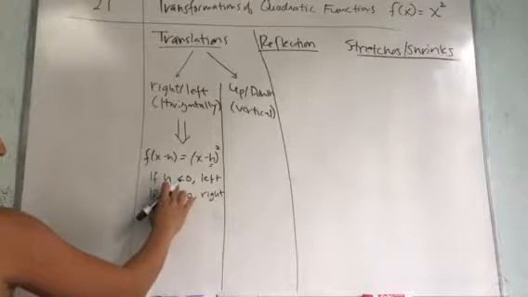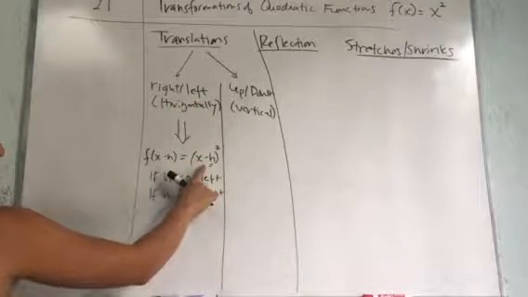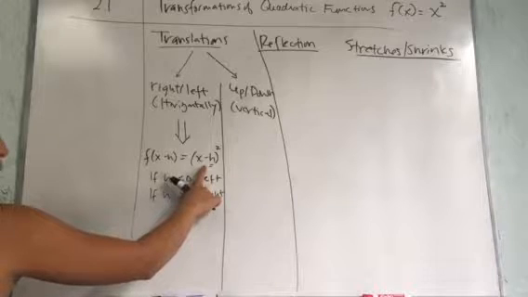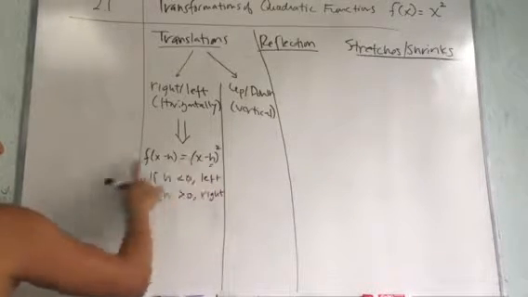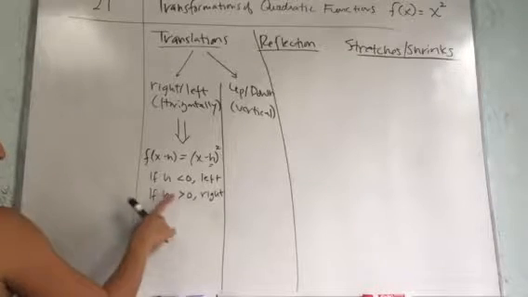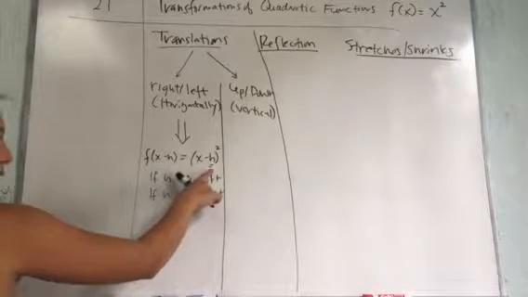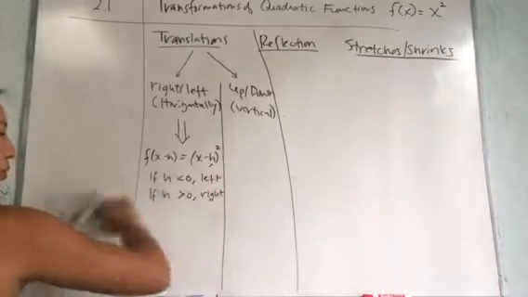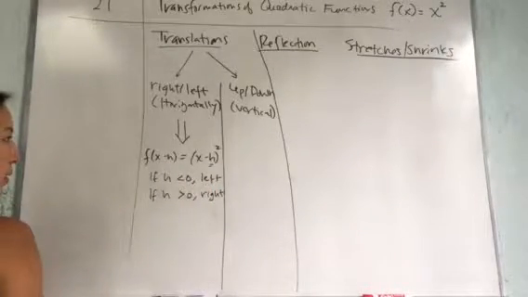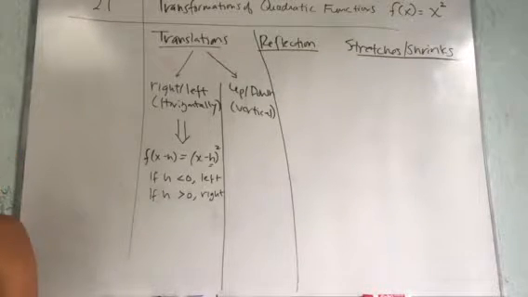When you plug in a negative value into this function, like say -4, it'll become x plus 4, and that's moving it 4 units to the left. But if you put in a positive value for h, like 2, it would make it x minus 2, which would move it to the right by 2 units. So that's a little bit of detail for how to move it right and left.